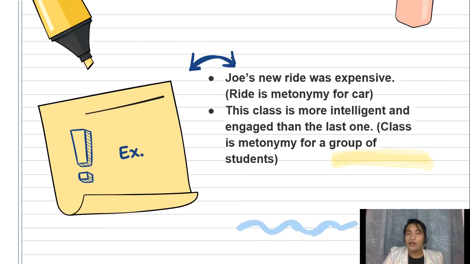For example, Joe's new ride was expensive. Ride is metonymy for car. Another one is, this class is more intelligent and engaged than the last one. So the class is metonymy for a group of students.